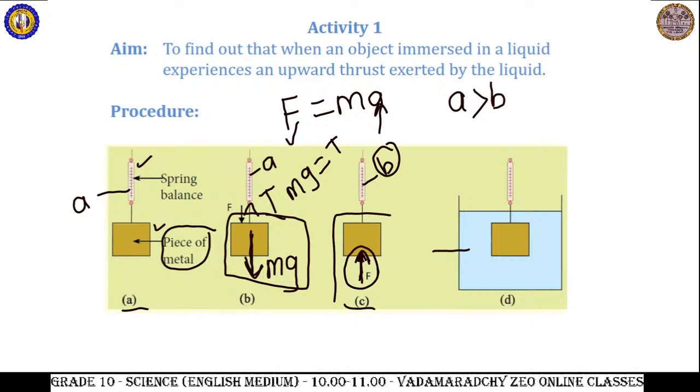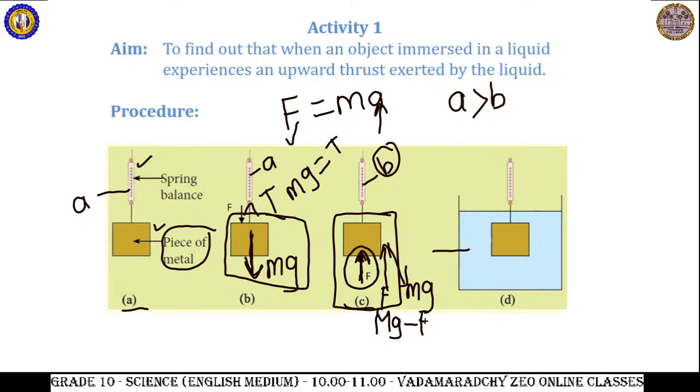Now, if we look at this object, the weight of this object acts downwardly, and we apply an upward force F. So now the resultant force in this instance is mg minus F. Okay, this is the resultant force.